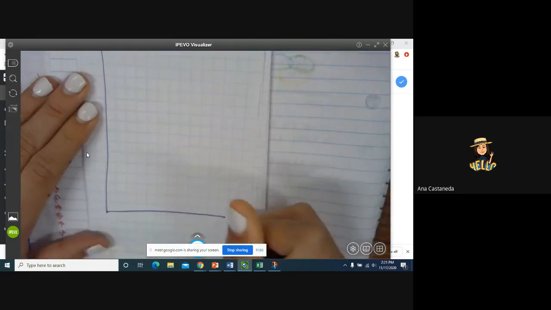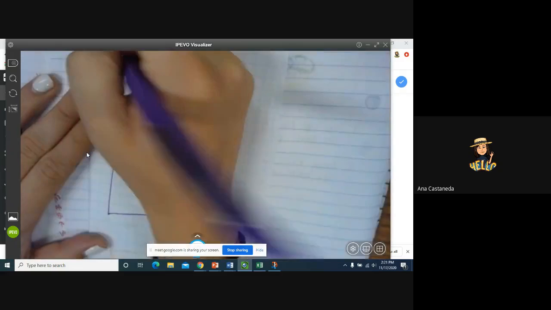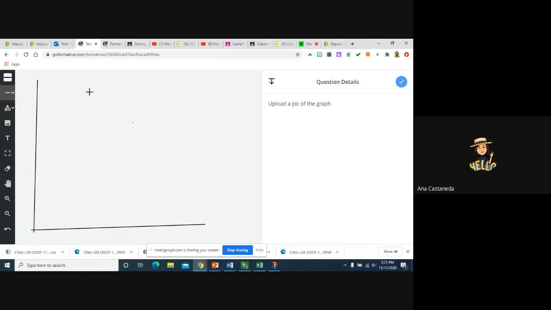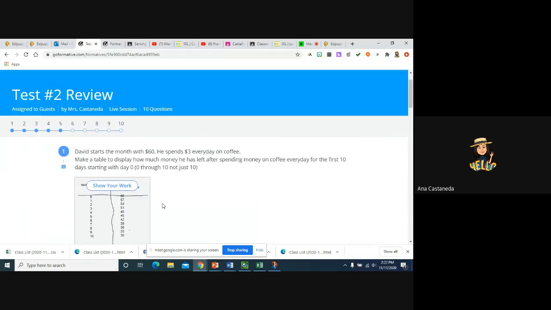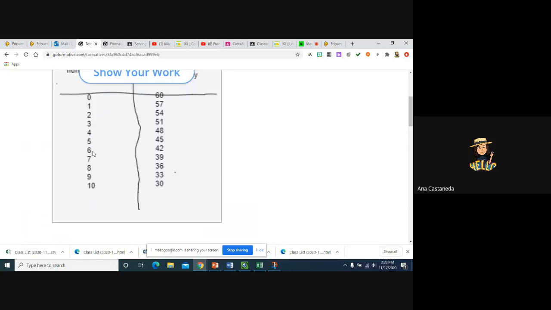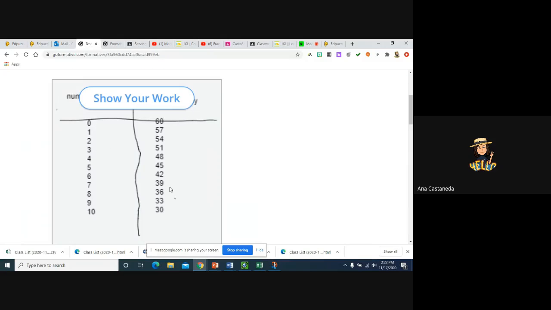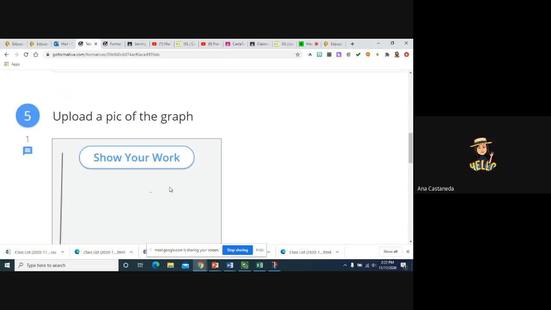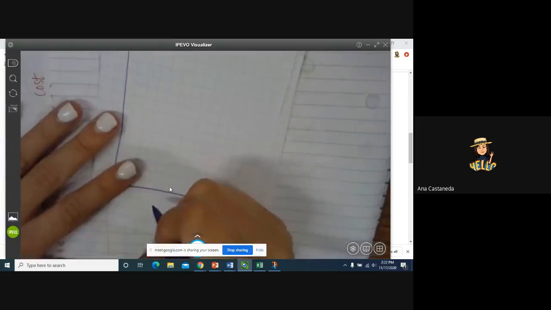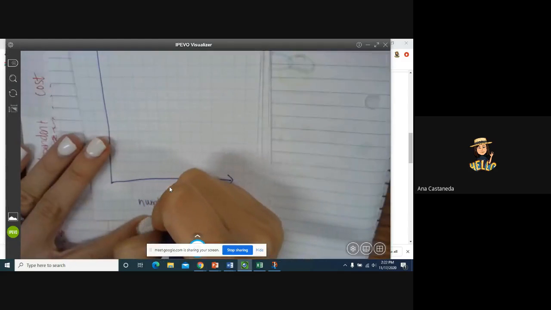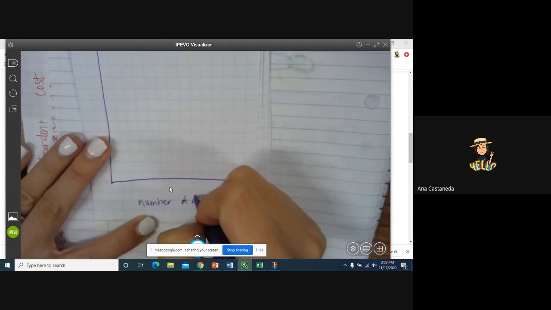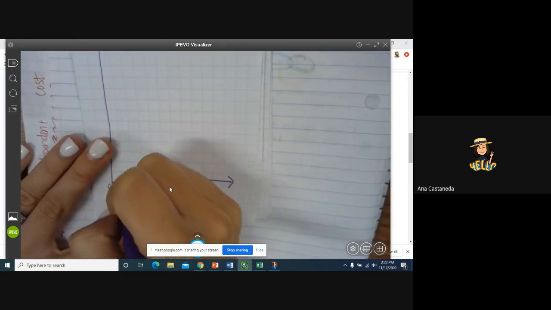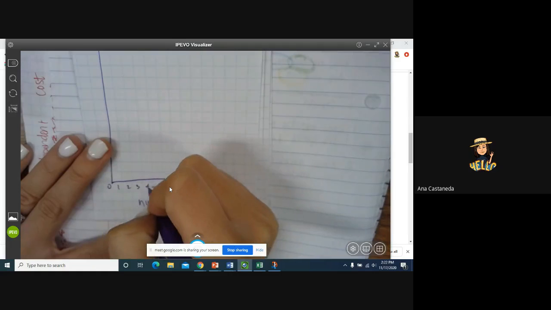Make sure your axes are labeled. Because my table only has positive numbers on number 1, I don't need to use the other coordinate grid. I don't need to have the 4 quadrants. I just need 1. So this would be the number of days, 0 through 10.